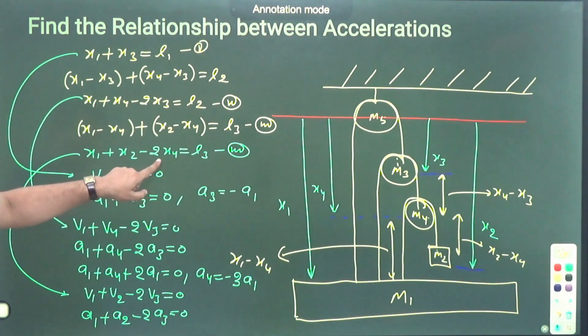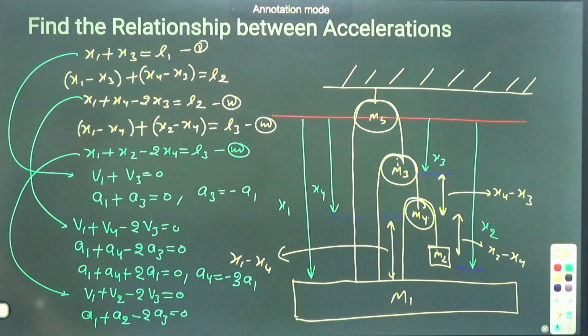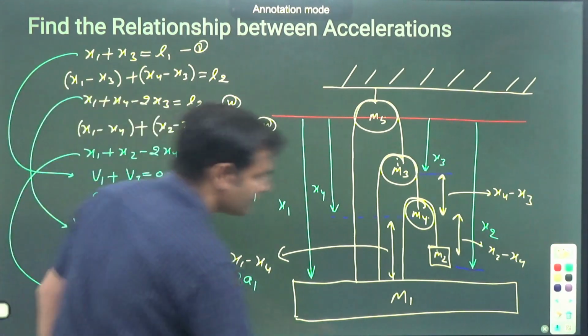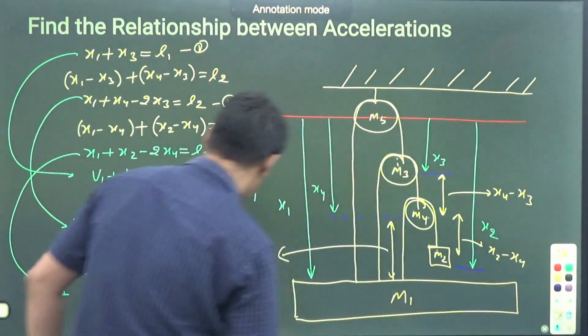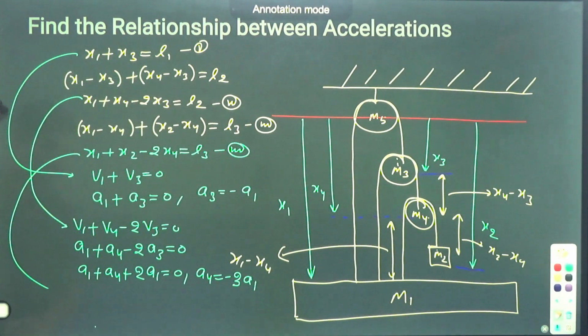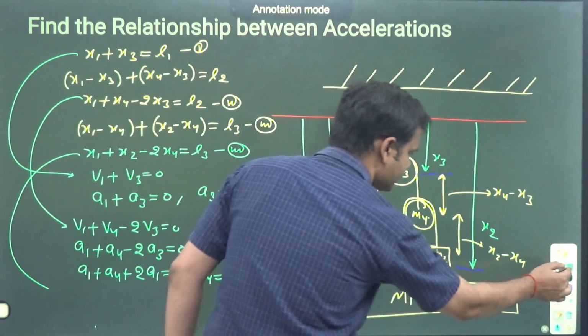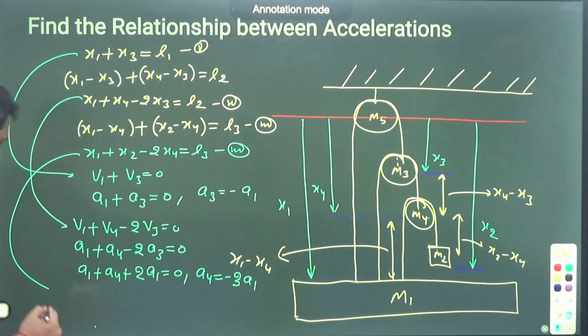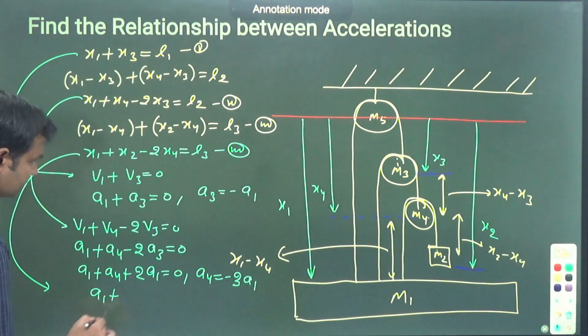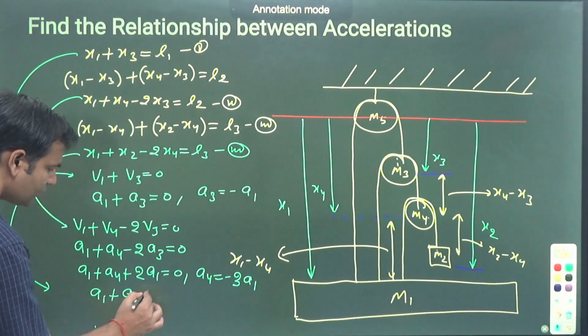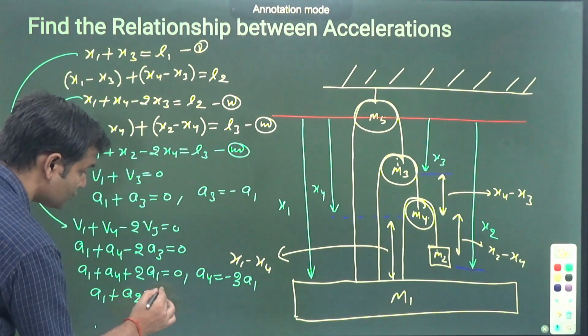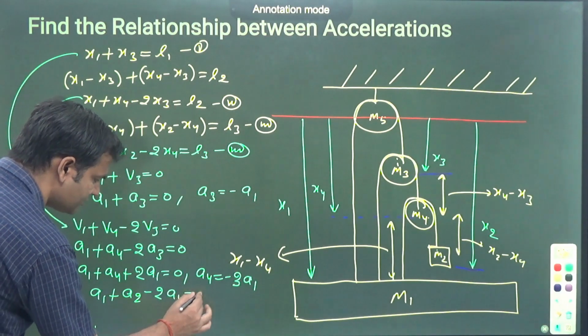Now, the last one, that is x4. So it is not v3, this is v4. Silly mistake. That is a1 plus a2 minus 2a4, this will be equal to 0. Clear or not?